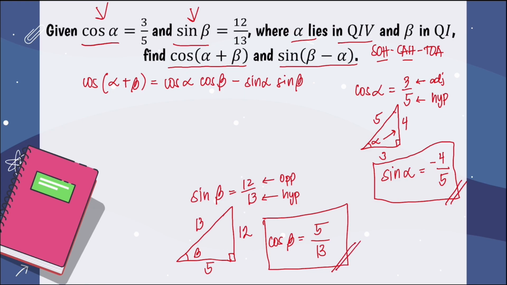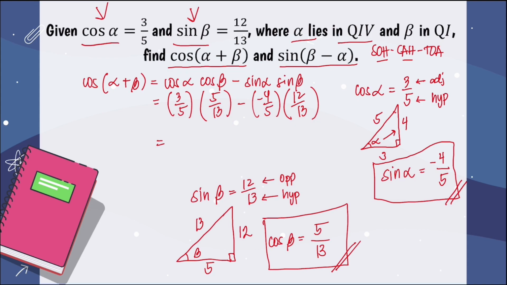Now, since we already have the complete information that we need, we can substitute the values into our equation and then simplify. So, cosine of alpha is 3 over 5, cosine of beta is 5 over 13, minus sine of alpha is negative 4 over 5, and sine of beta is 12 over 13.